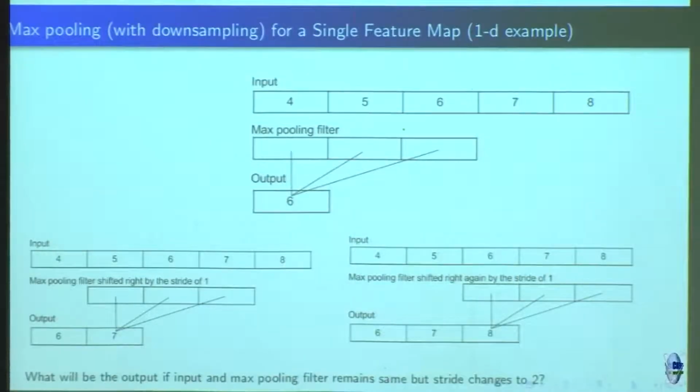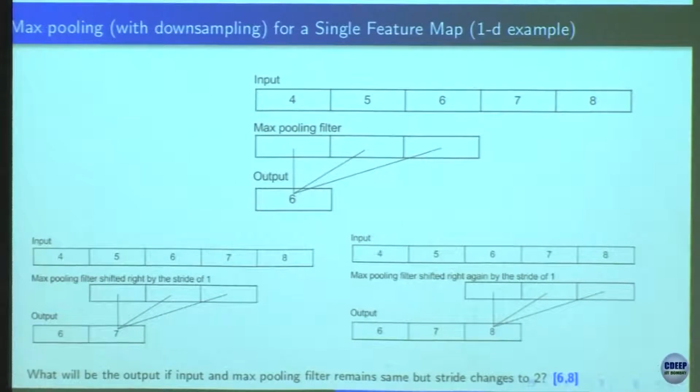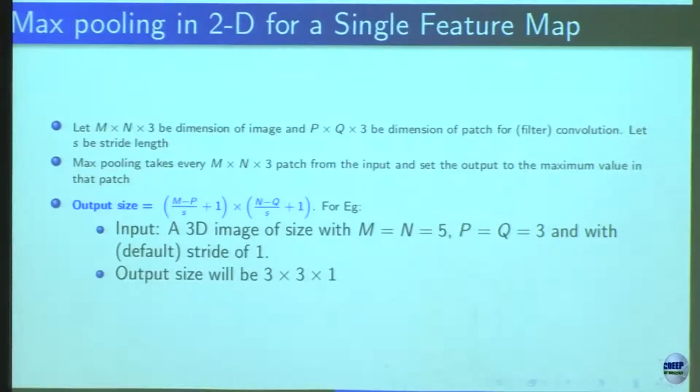Now what if the stride changes to 2, what will be the output? If the stride were 2, what would you get? You should get 6 and 8, right? 6 and 8. Okay, so you will get 6 and 8. So the more the stride, the more aggressive the downsampling or dimensionality reduction. So you can work out the output size. Typically in max pooling there is no sense doing padding.